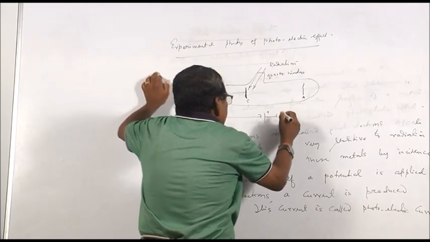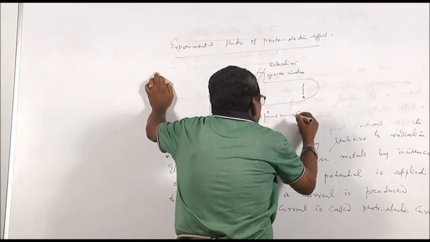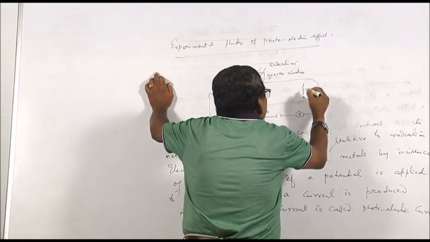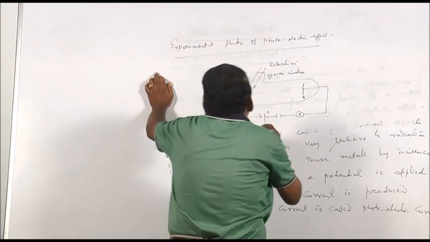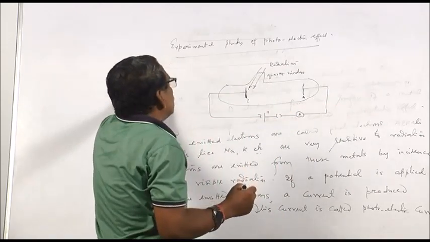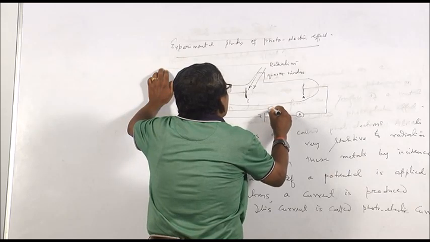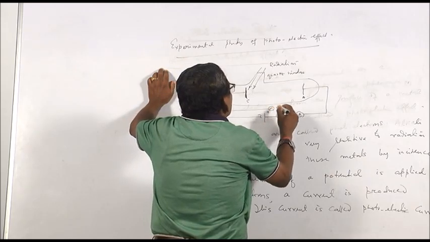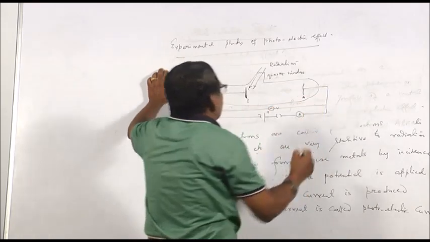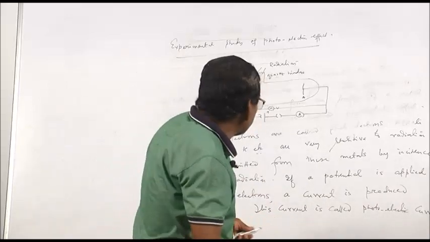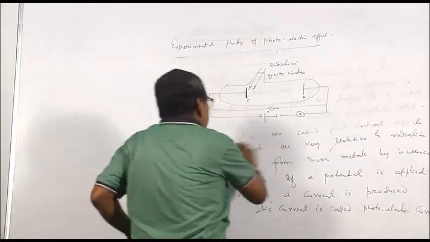There will be a key and an ammeter, and the applied potential can be measured by a voltmeter joined in parallel in the circuit. So, this is the arrangement by which you can study the photoelectric effect experimentally.